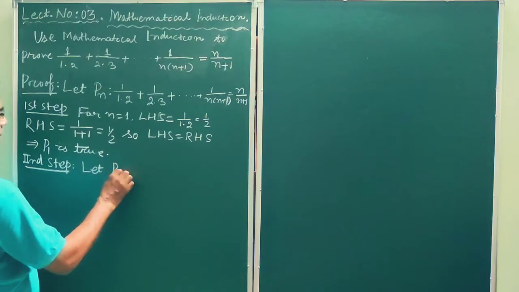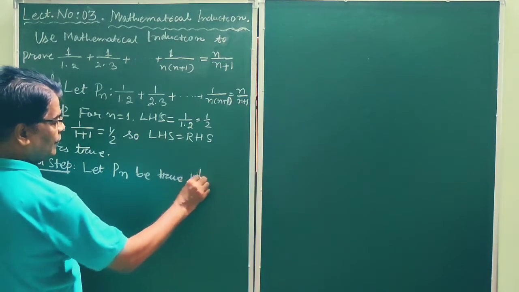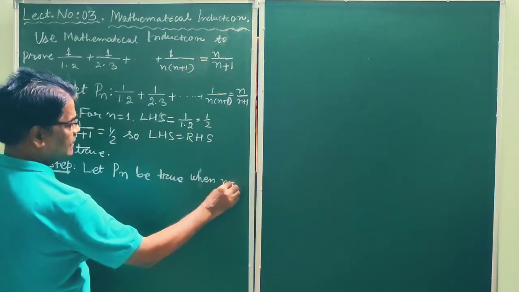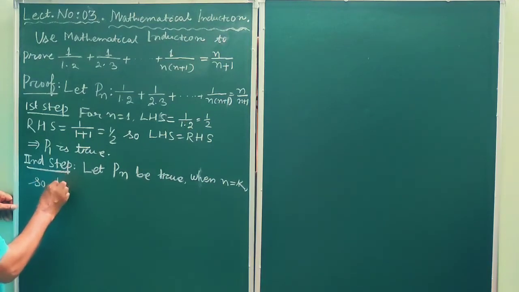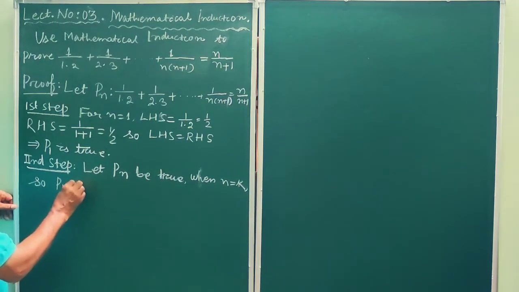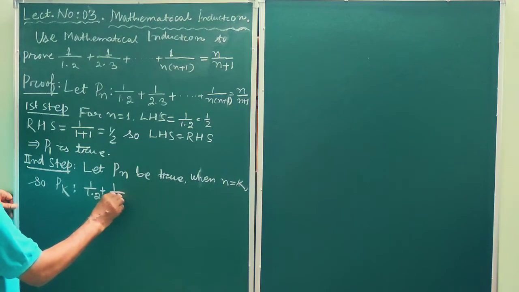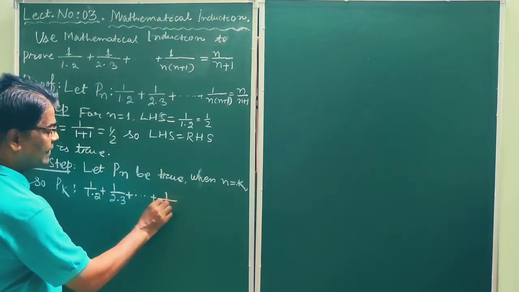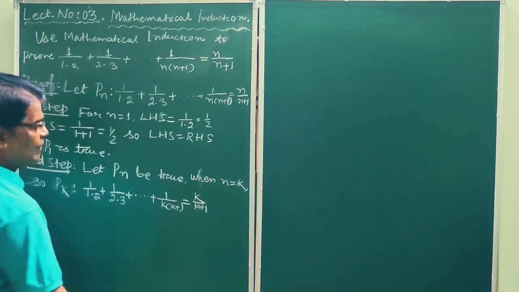Let Pn be true when n is equal to k. So we can write Pk stands for 1 by 1 into 2 plus 1 by 2 into 3 plus ... plus 1 by k into k plus 1 is equal to k by k plus 1.